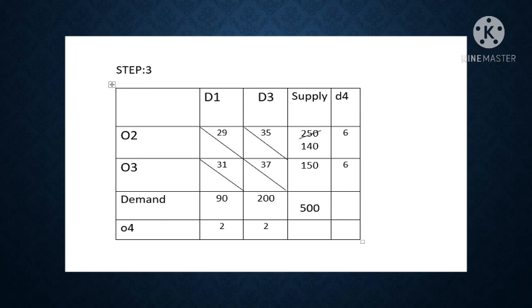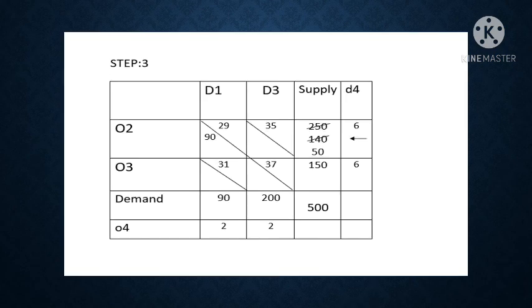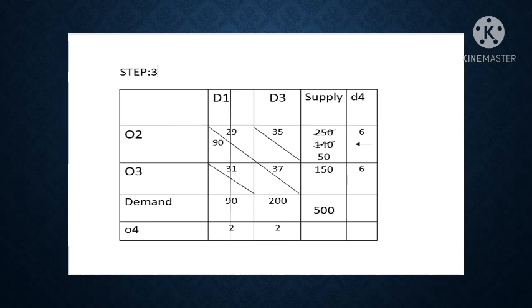Then we allot against 90 and 140. So we allot 90 for the minimum number. So we cancel 140 by 90. Then we vanish the D1 column.